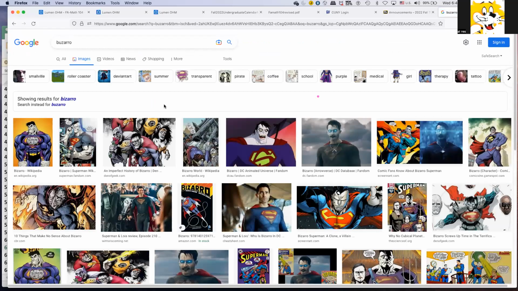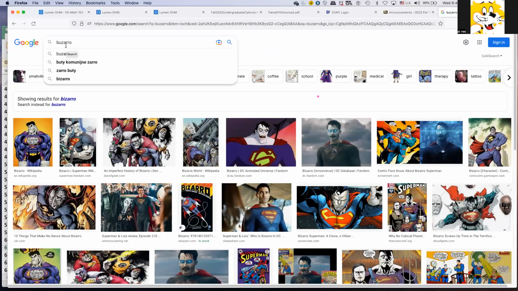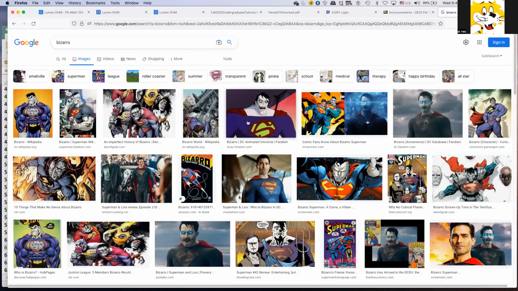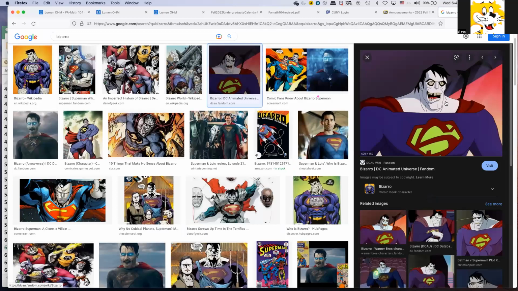Oh, I misspelled his name. Bizarro. So Bizarro, this guy right here, has the same powers as Superman. And he has the same weaknesses, meaning that kryptonite can kill him. The problem with Bizarro is he's not very smart.